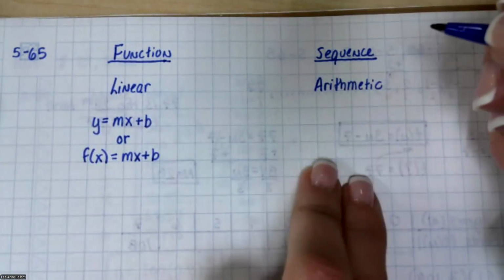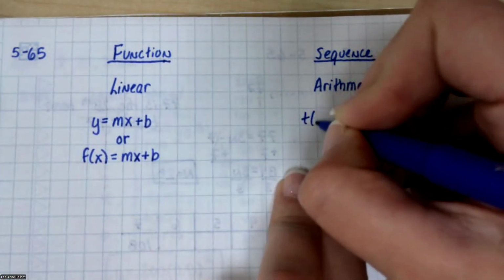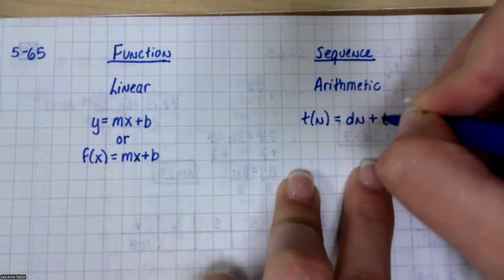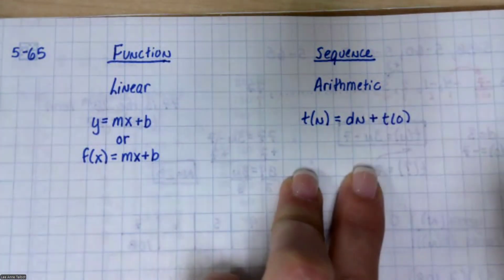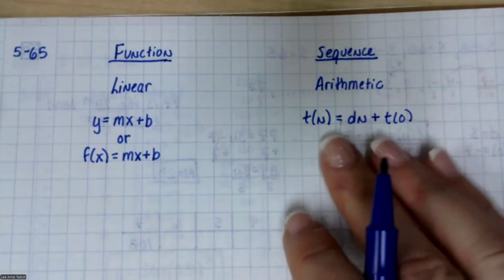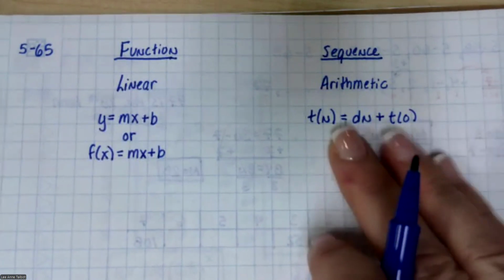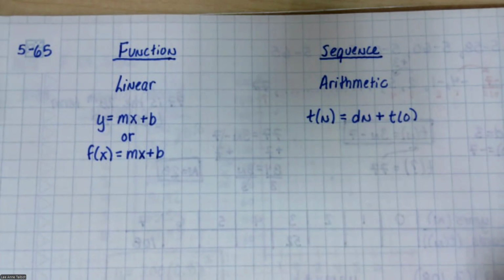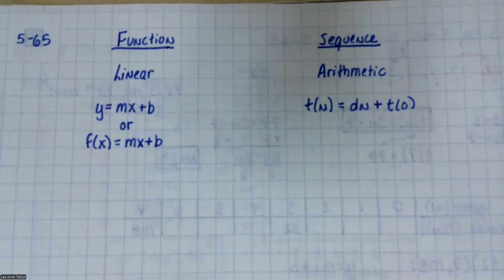The equation for a sequence is t of n equals dn plus t0. But I'm really hoping that you can see the y equals mx plus b living there. It's just different notation because it's a sequence.